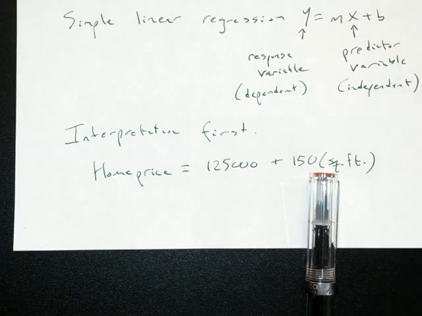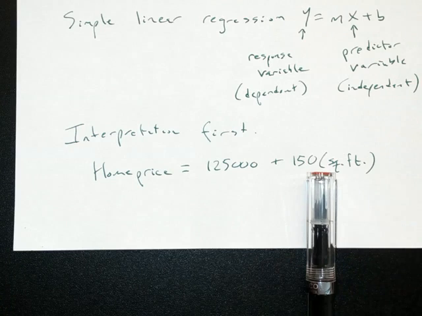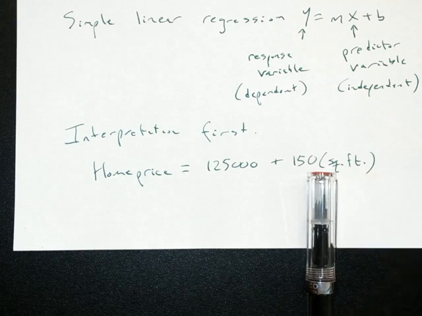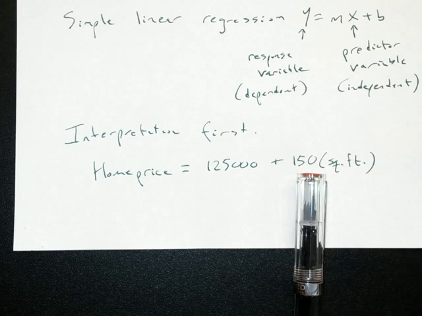What does this mean? This number right here, this 150. What does that mean? Home prices in dollars, right? Obviously, area is square feet. The units on this number are dollars per square foot.